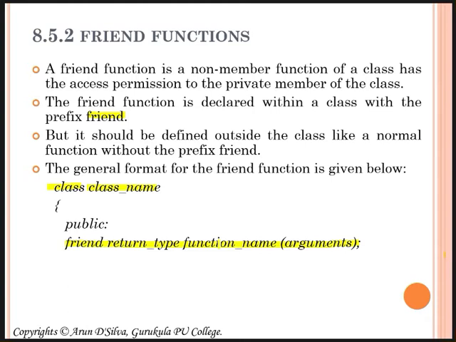No definition, only declaration. Then close the class, and the definition should be outside the class. In the definition, there is no need to specify the friend keyword, or to specify that it belongs to this class with the scope resolution operator. It is not required. It is a common function.